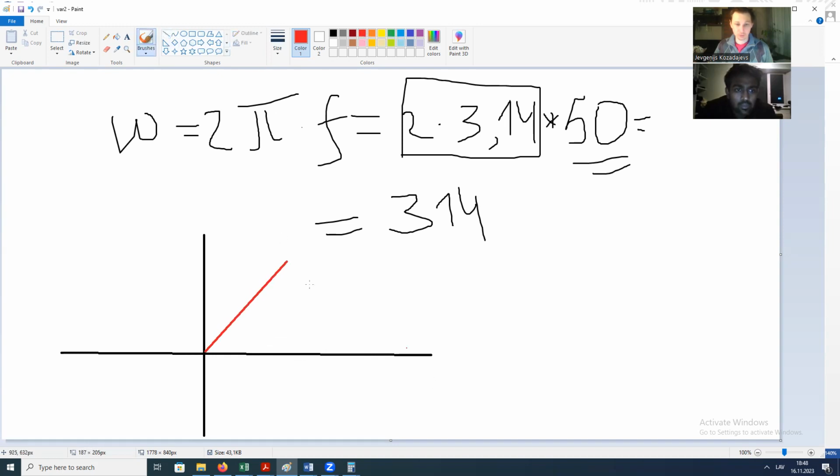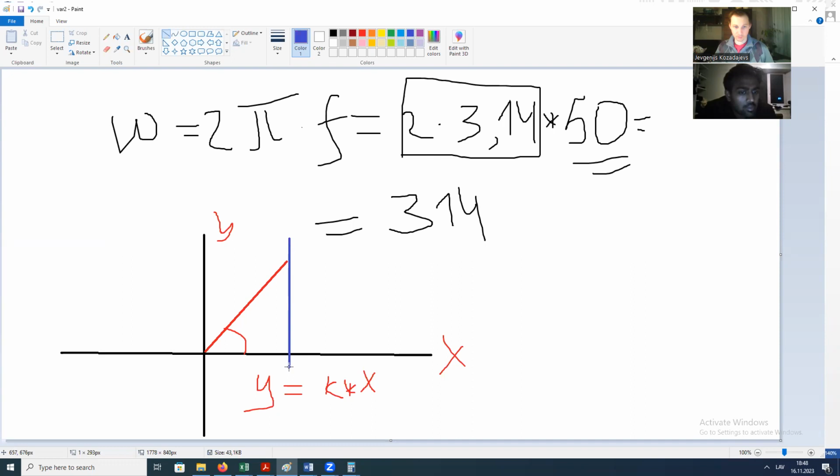Very simple drawing of Y and X, and Y is equal to K multiplied by X, and this K shows this angle, because this is a triangle.